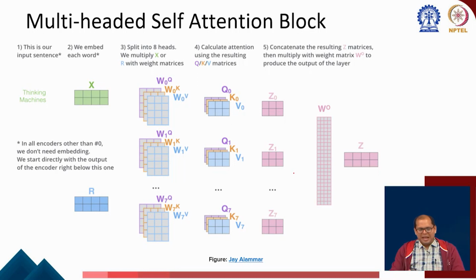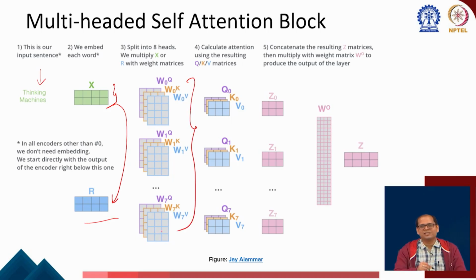Okay. And then this is the whole process. So, your input sentence, you embed all the words in a matrix. Now, in the later layers in the encoder, you can think about the output from the previous layer as getting here, but it will have the same dimension. And then you have multiple attention heads, with different query, key and value.